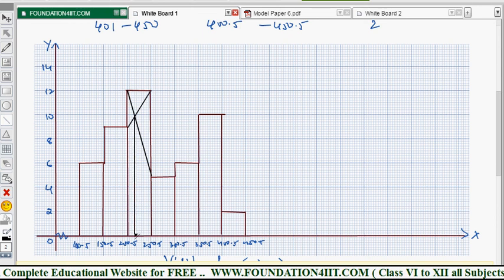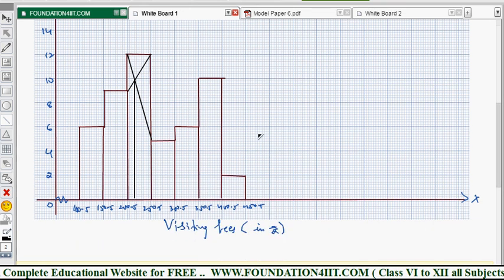It's around 210, in the middle. On the x-axis, 1 centimeter is taken as 50 units. That means 1 millimeter is around 5 units, so it's approximately 215.5. Where it touches the x-axis, that is the modal class value.